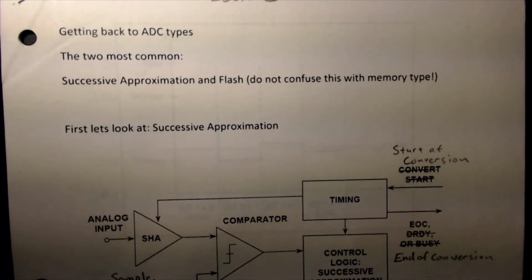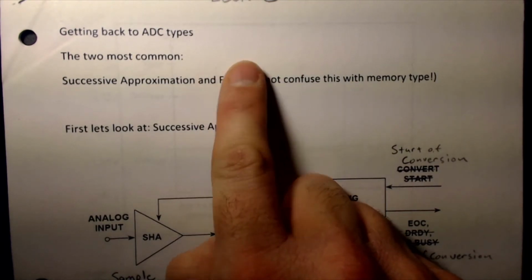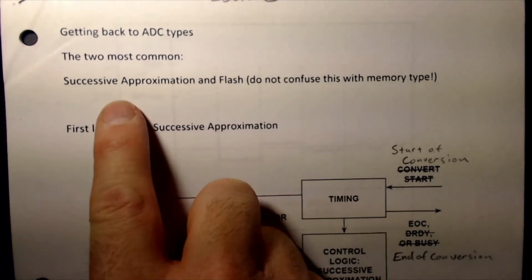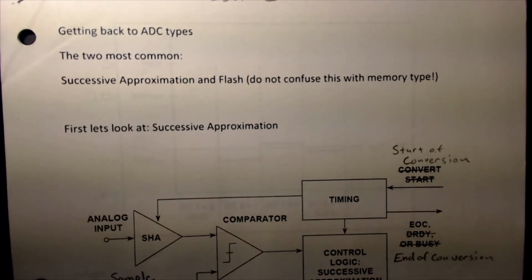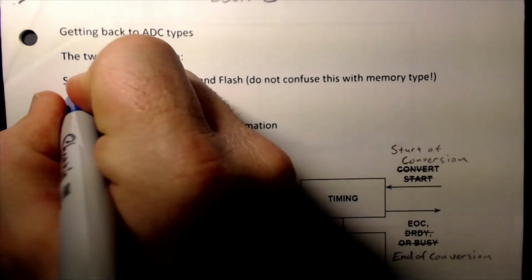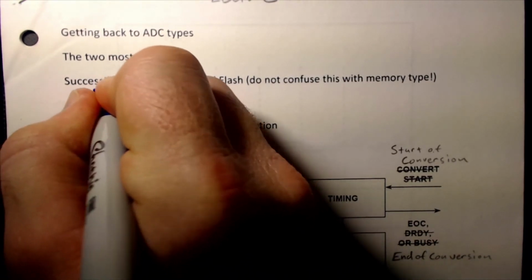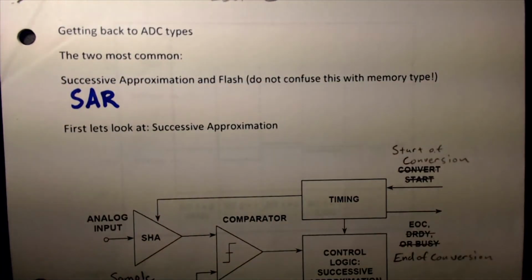One of them is called successive approximation, and the other one is called flash. We're not going to cover flash. We're only going to look at successive approximation, or SAR, a SAR converter.